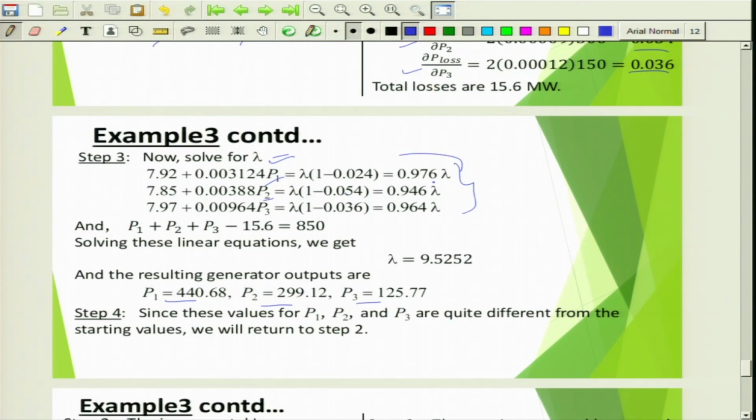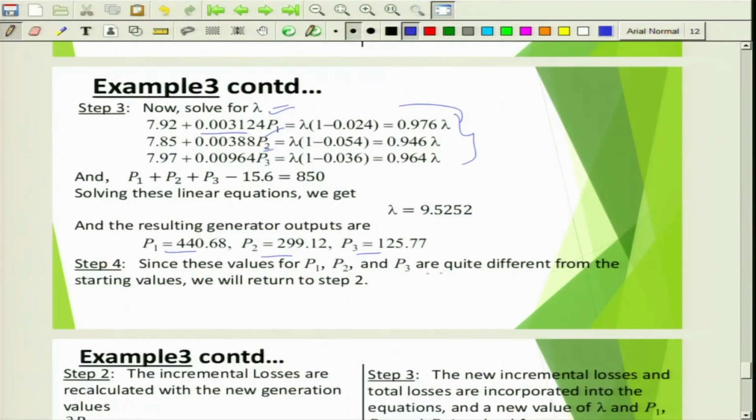Then P1 is equal to 0.976 lambda minus 7.92 divided by this constant. Similarly obtain P2, P3. Then you would get different values of P1, P2, P3, because this is not yet converged. This will not converge yet, because initially we have ignored the loss. We have made just the sum of the generation equal to total load.